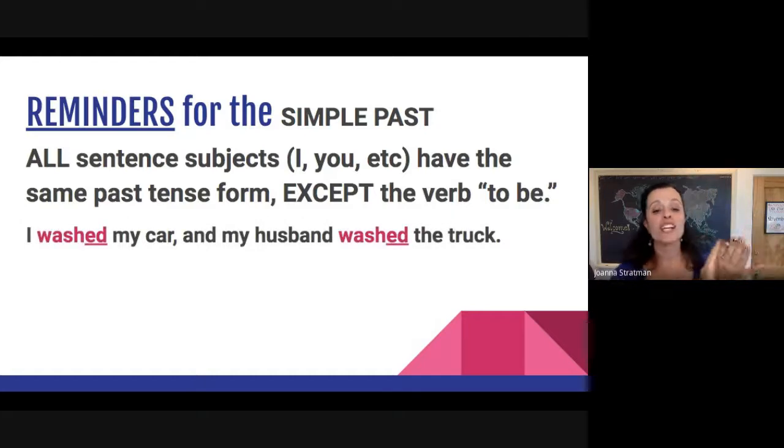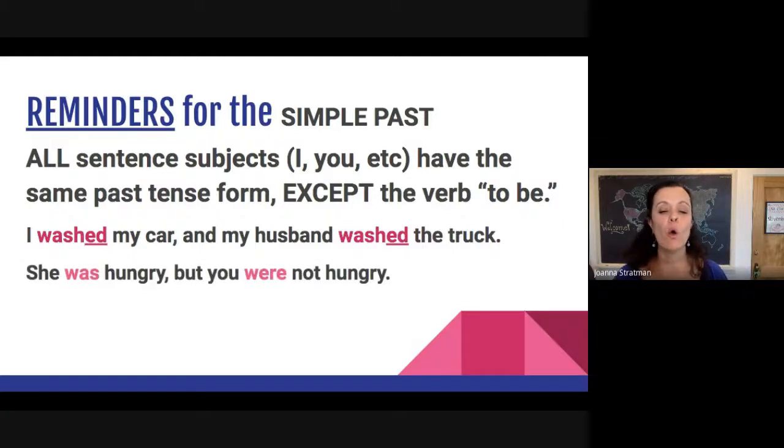I washed my car, and my husband washed the truck. I washed and he washed. But she was hungry, but you were not hungry. She was, but you were.